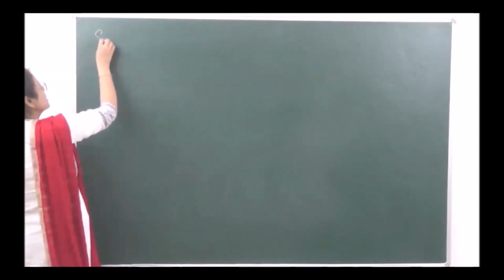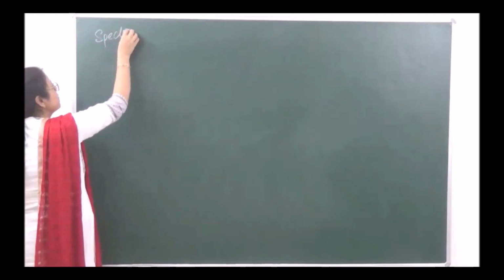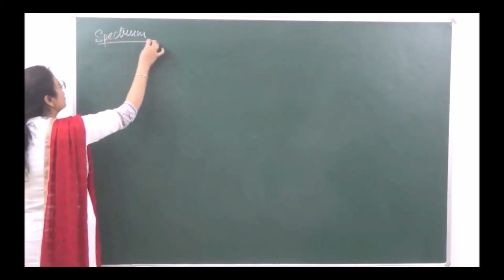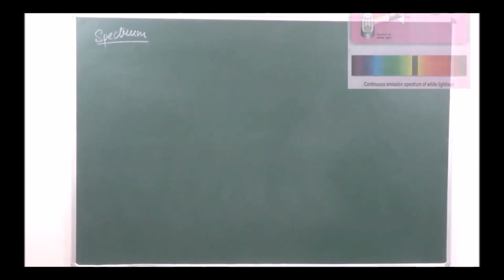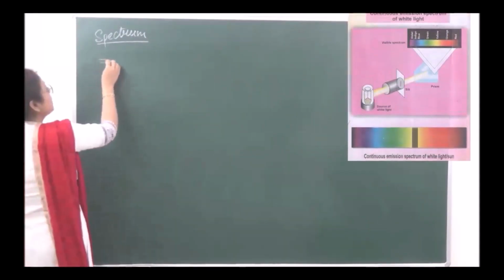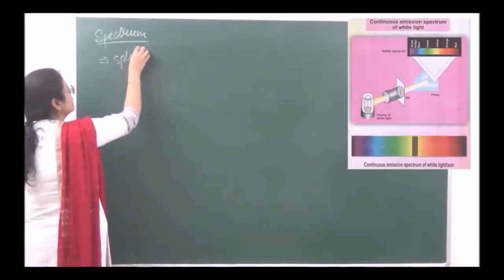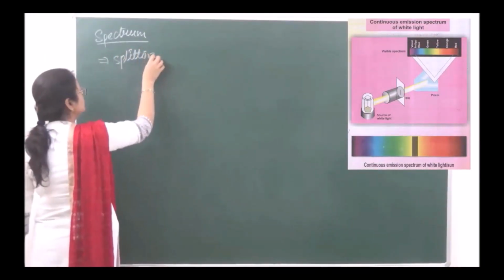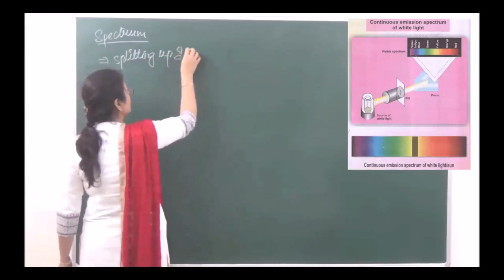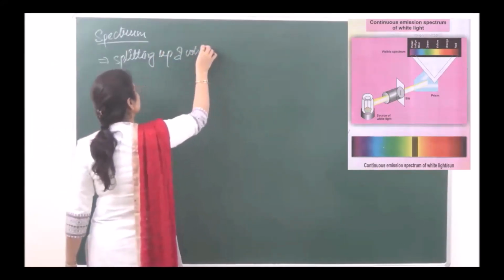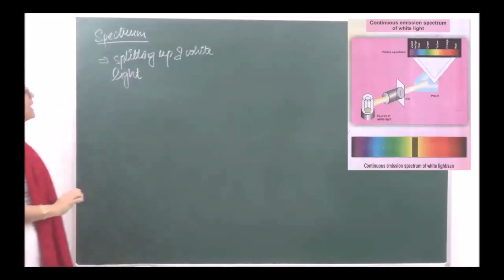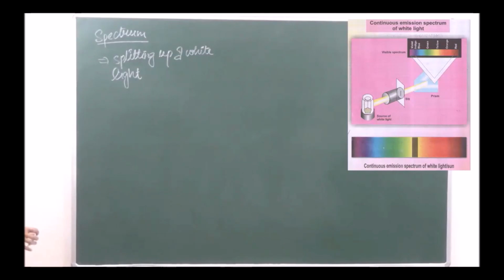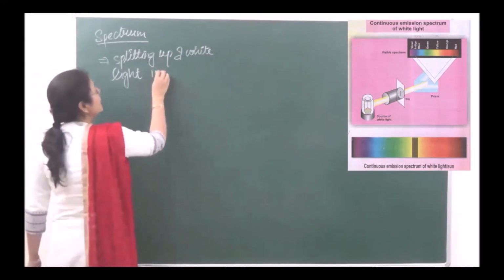Right? So let's understand what we understand by the term spectrum. Spectrum is the splitting up of white light into a series of colored bands.